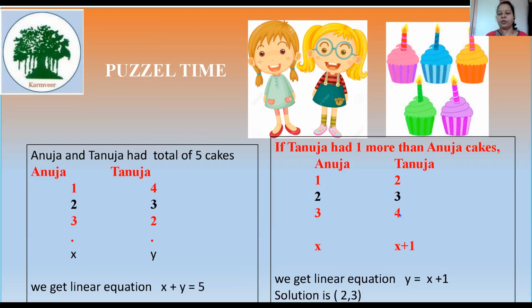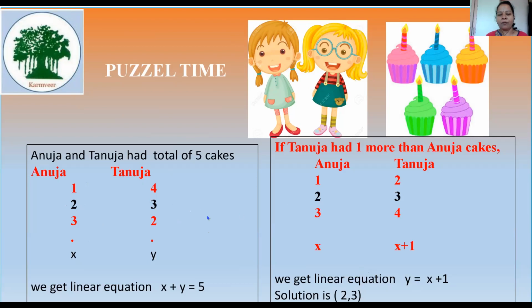So if Anuja had x cakes, then Tanuja got x plus 1 cakes. From this condition we get the second linear equation y is equal to x plus 1. If we observe all the possibilities of the values of x and y, the values 2 and 3 satisfy both conditions.